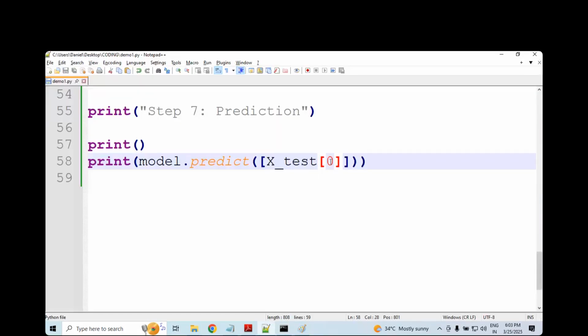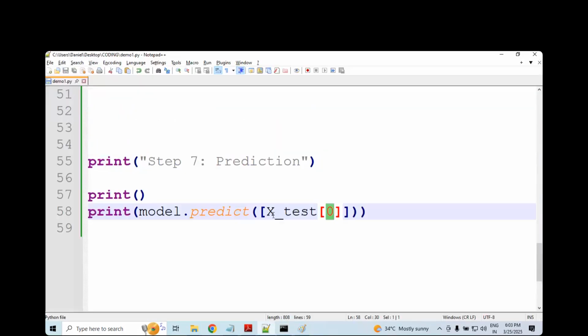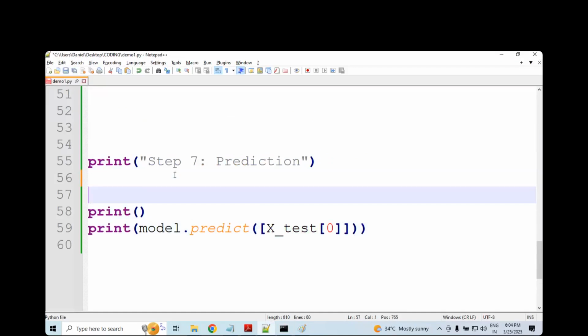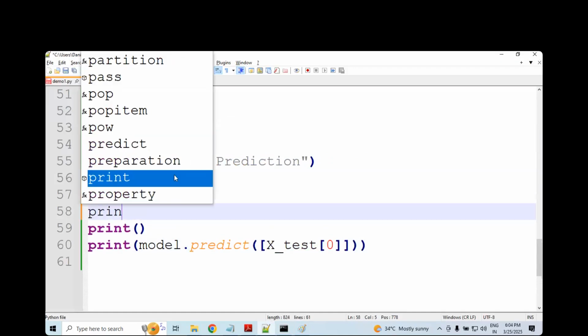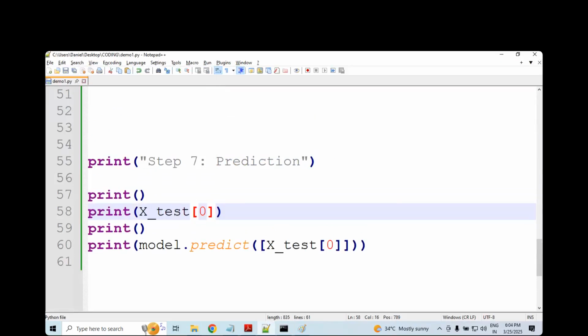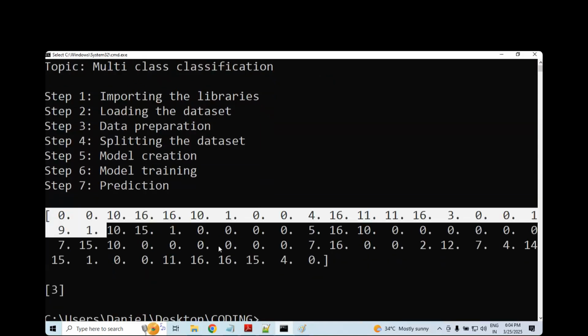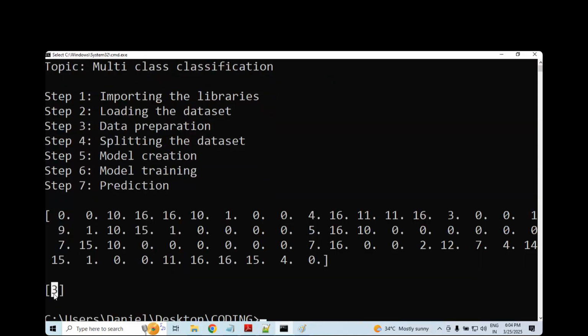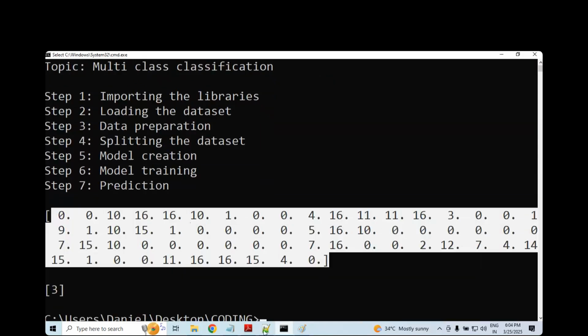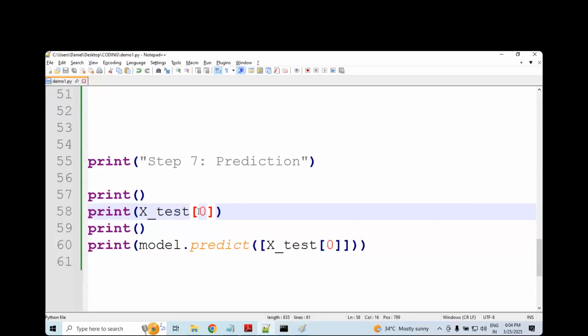First of all, X test of 0, if you want, you can print, and here you will get an idea. You will get array data, sir. This array belongs to 3.